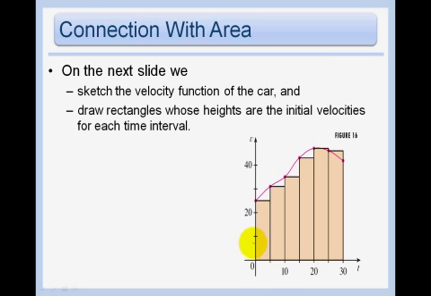So here we're going to just sketch a velocity function of the car. The velocity function of the car is sketched here. We're going to just draw rectangles whose heights are the initial velocities for each time interval. And we actually used left endpoints in our last example, which is what is drawn here. You see the left endpoints are used here to draw the rectangles.